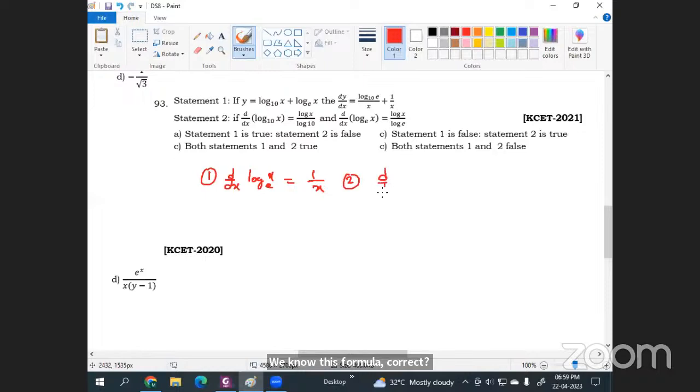What is the formula of dy by dx of log x base a? Who can give the answer for log x base a? Anybody knows the formula?